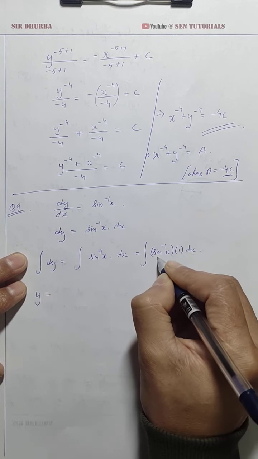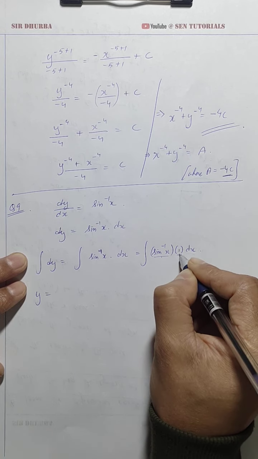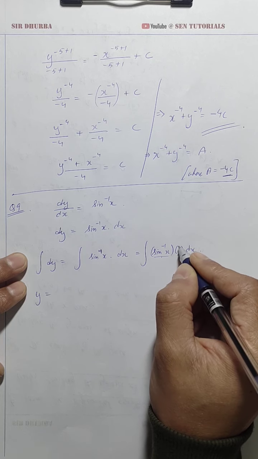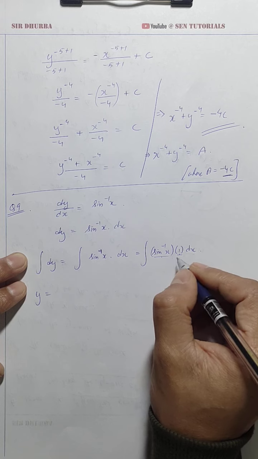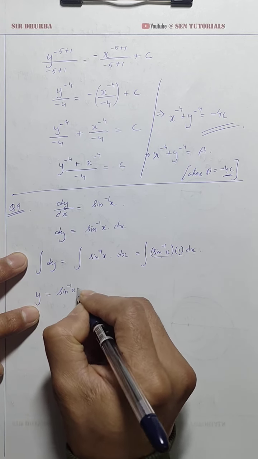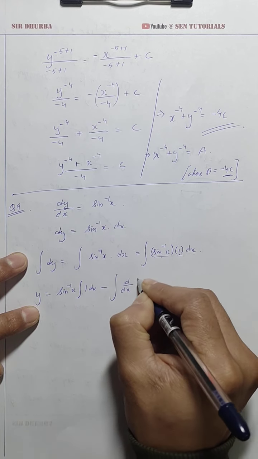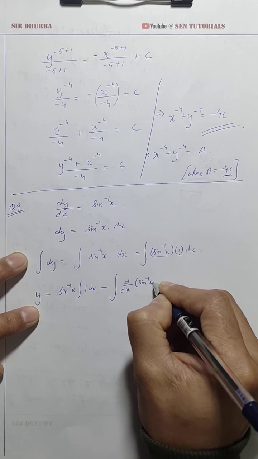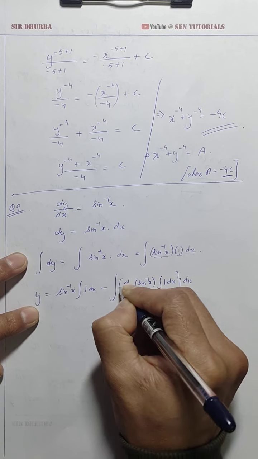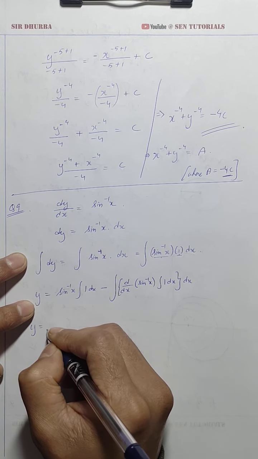So y equals integration by parts: inverse comes first, algebraic comes second. So we write sine inverse x into 1. I, L-A-T-E, I was late, remember? Let's begin our integration. That is sine inverse of x into integral of 1 with respect to x, minus whole integral of derivative of sine inverse of x into integral of 1 with respect to x, whole integral.